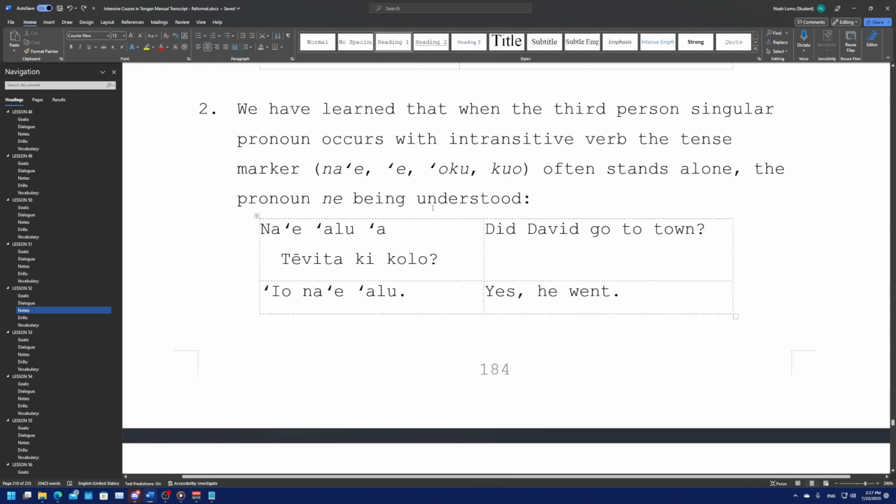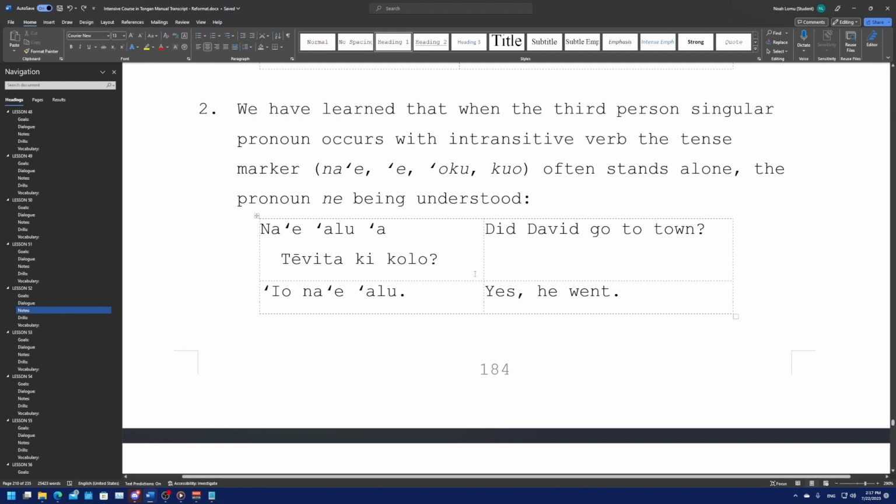Okay. Note two is that the third person singular pronoun, ia and ne, occurs with intransitive verb the tense marker. When the third person singular pronoun occurs with the intransitive verb, the tense marker often stands alone, the pronoun ne being understood.